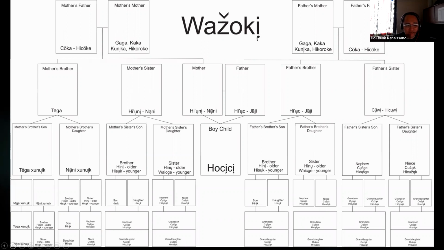As we continue to look over here, we have son. The boy also gets to claim Jaji terms over here, and so on and so forth, daughter. So the boy gets to claim a lot of terms over here. He's also Jaji, he's also Choka, Dega, and so on.